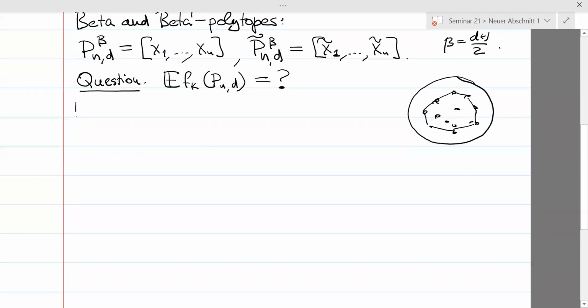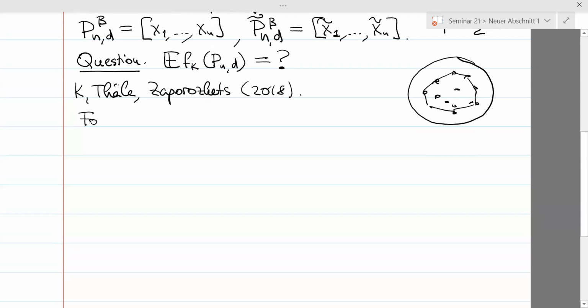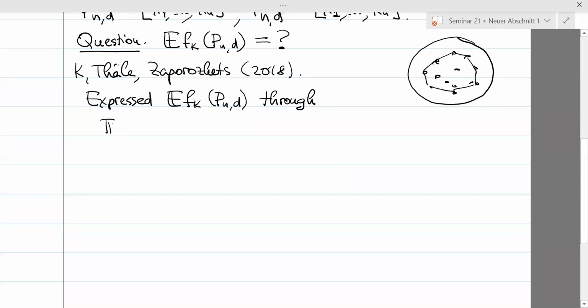But in a joint work with Christoph Thiele and Dmitry Zaporozhets, we proved a formula which expresses the expected number of faces of P_{n,d} through certain quantities, which were denoted there by I_{n,k}(beta) and J_{n,k}(beta).